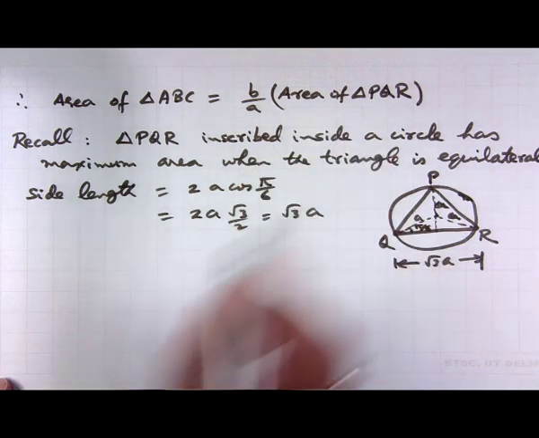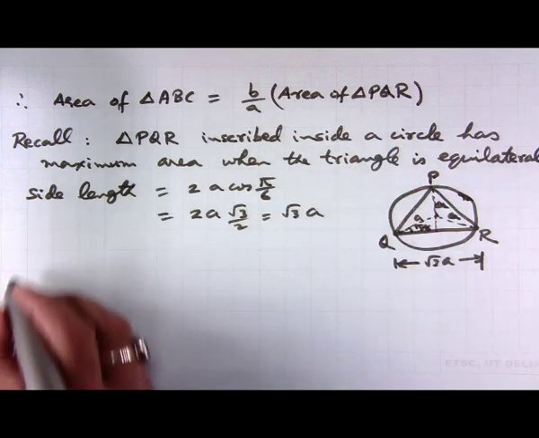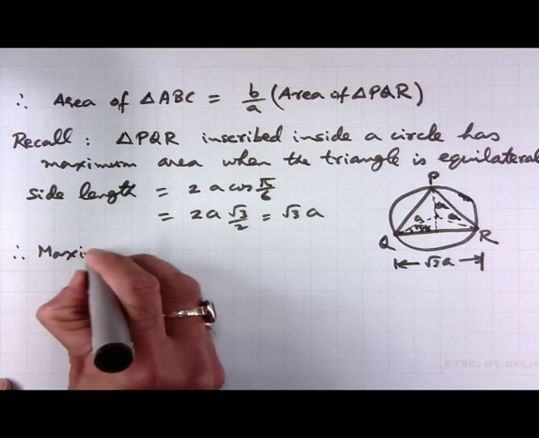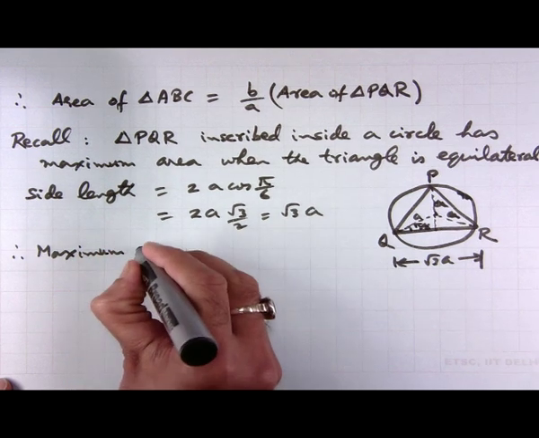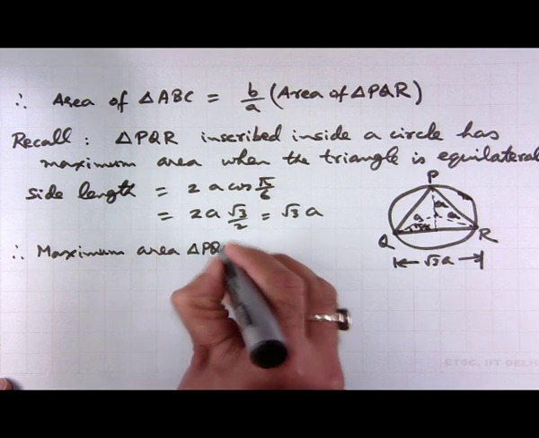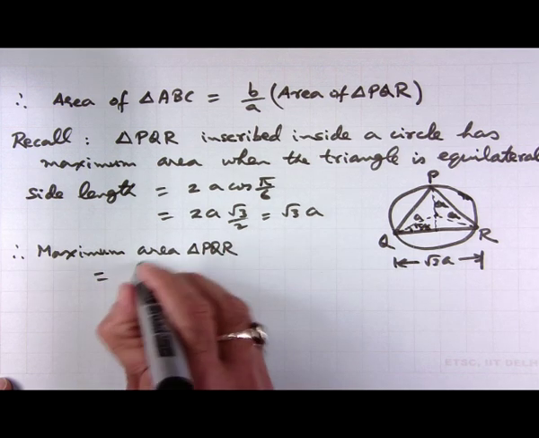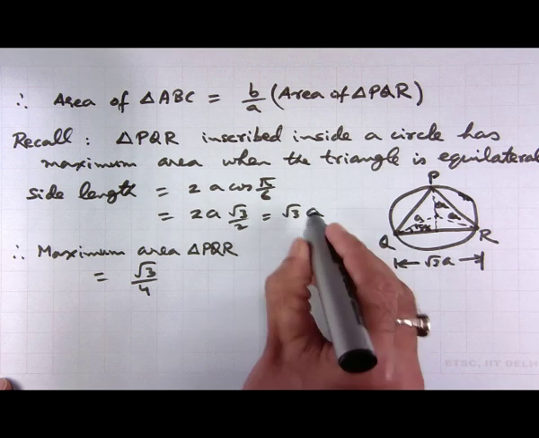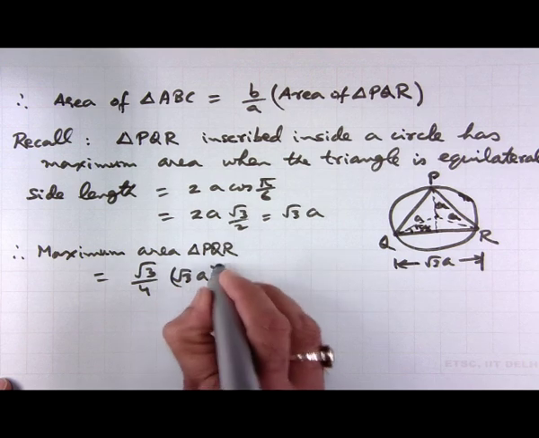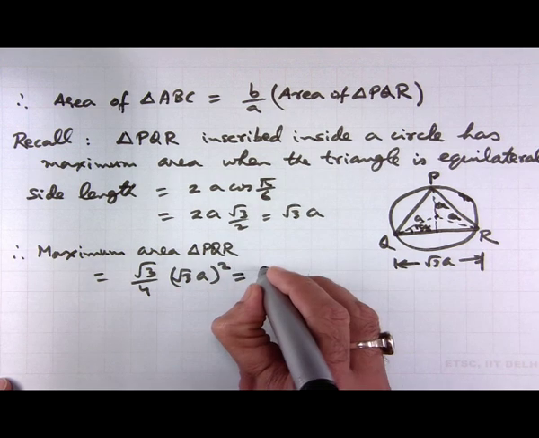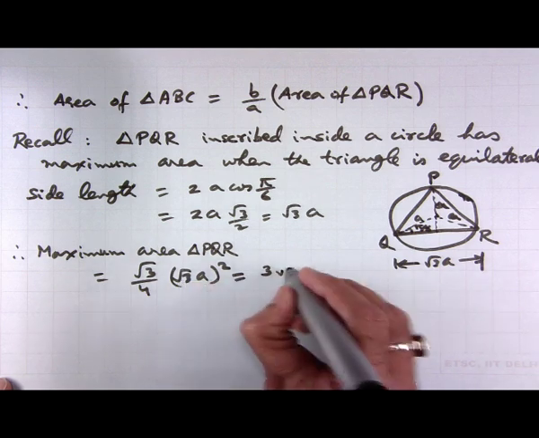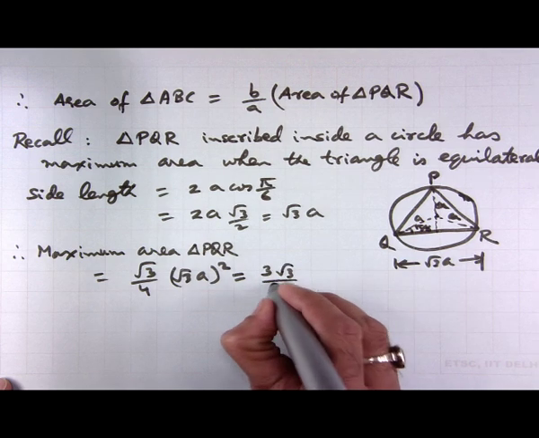and therefore, the maximum area of triangle PQR is equal to root 3 by 4 times side length square, root 3 A square, which is equal to 3 root 3 by 4 A square.